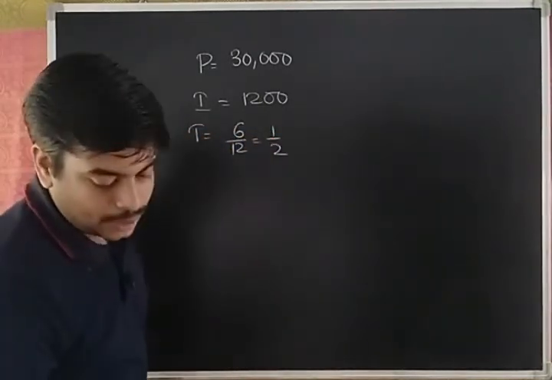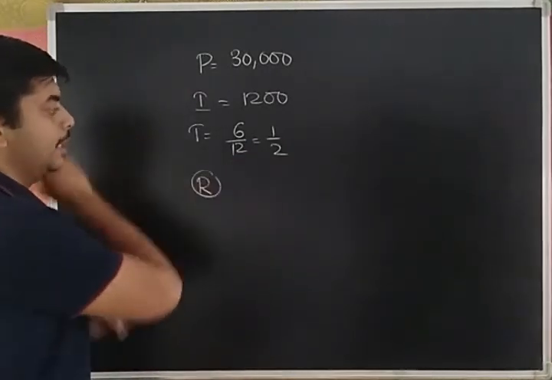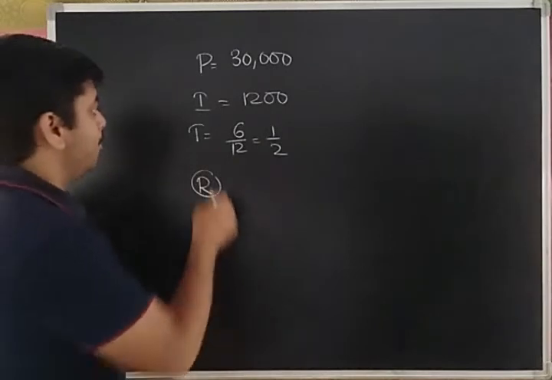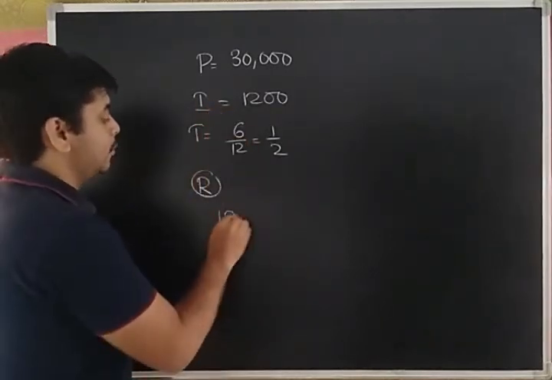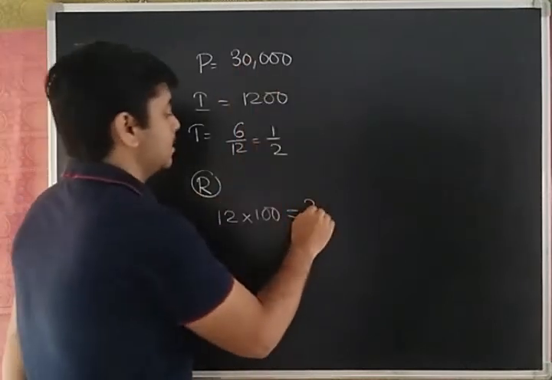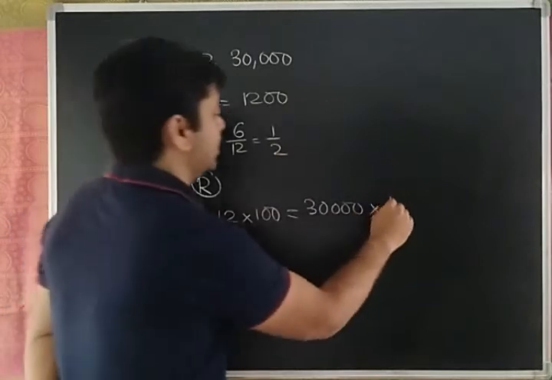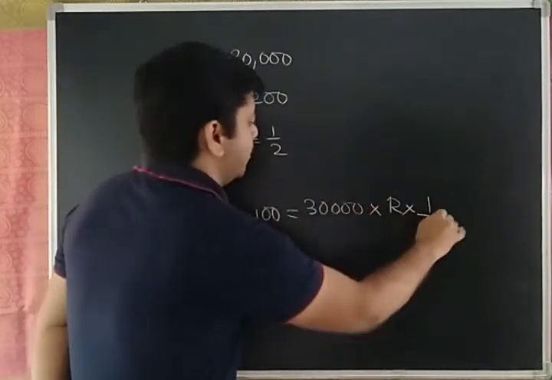So what is the question? At what interest rate? Once again we are supposed to find the rate of interest. So calculate PRT by 100. Interest is equal to 1,200. 12 into 100 is equal to principal 30,000 into R into time 1 by 2.